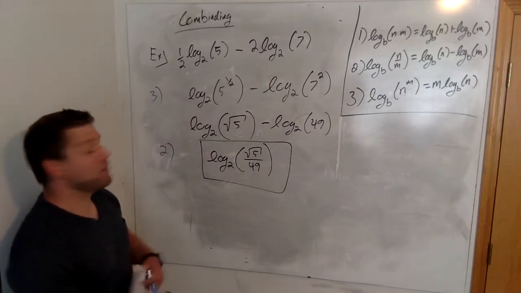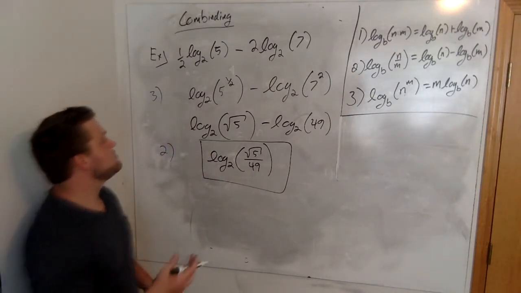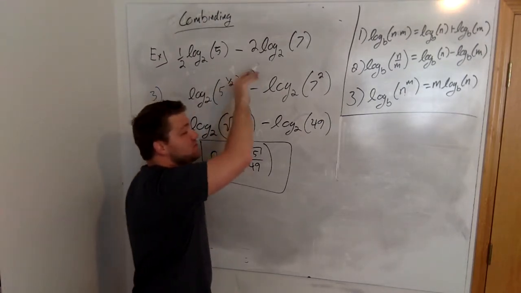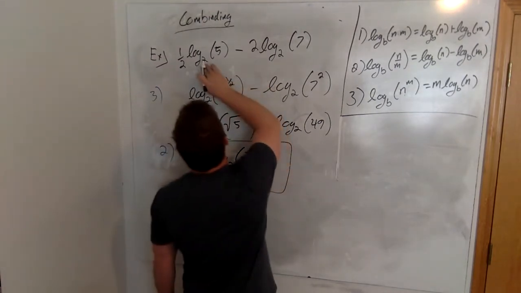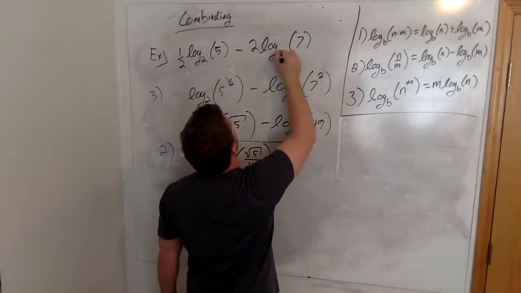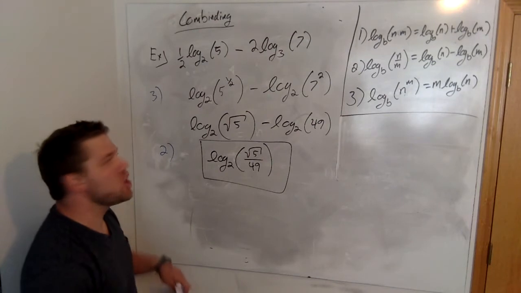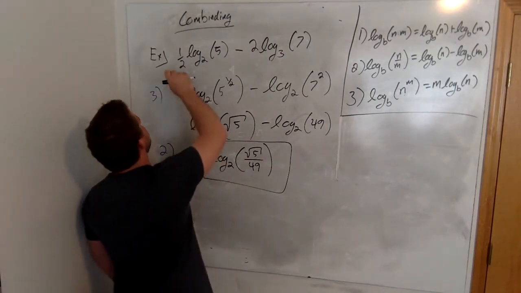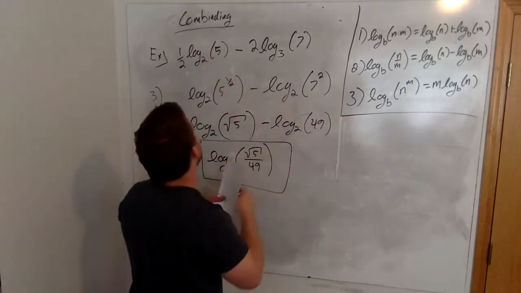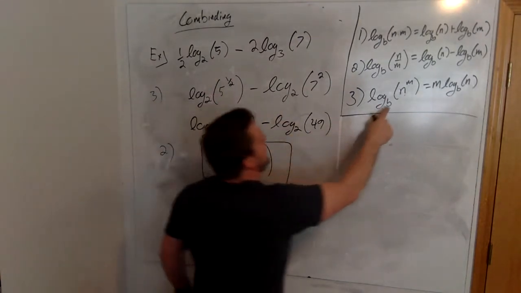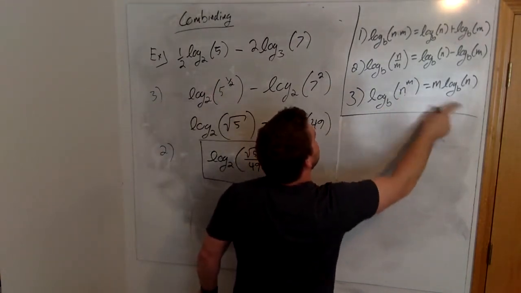Okay, I want to make a quick note on this problem. The only reason I was able to start combining these is because these logs had like bases. If this was log base 2 and this was log base 3, there is nothing we could do. We could not condense this. This would be as simple as you could get it. The only thing you could possibly do with this is use log rule 3. This rule works with any base.